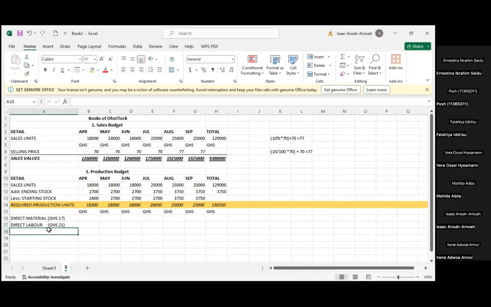Then we incurred cost on factory overhead cost. How much is that one too? 12 cedis.